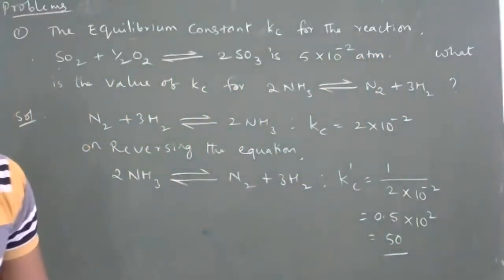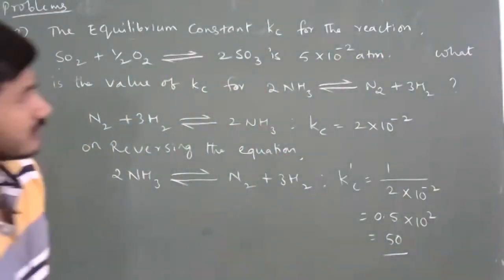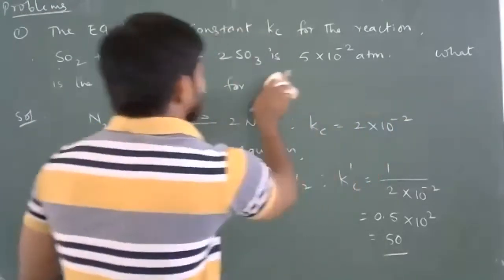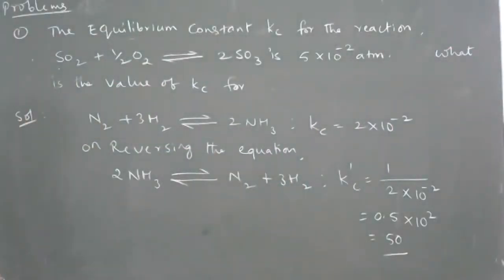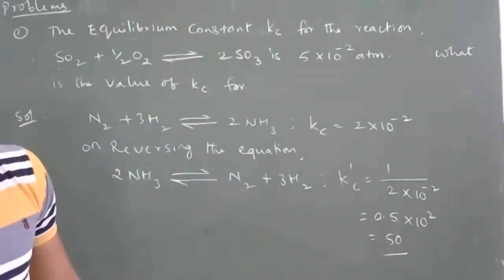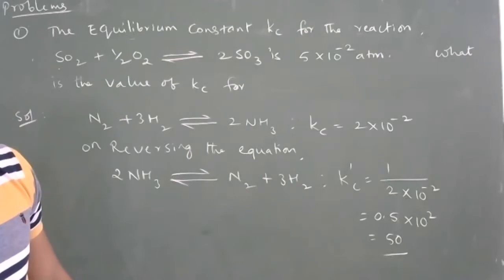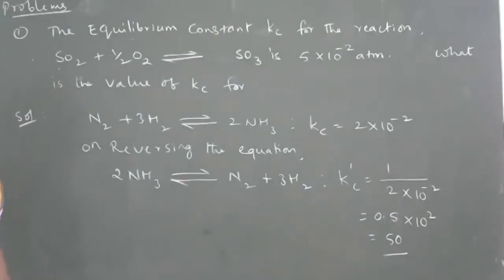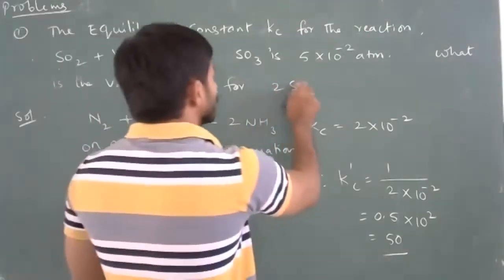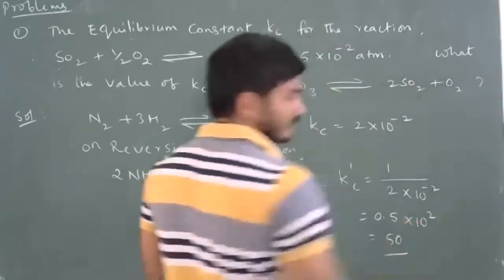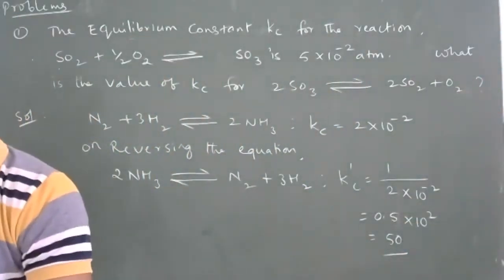Sorry, it is SO2 plus half O2 gives SO3, that's it, not 2. What is the value of Kc for the new reaction 2SO3 gives rise to 2SO2 plus O2? Find out the answer for this.